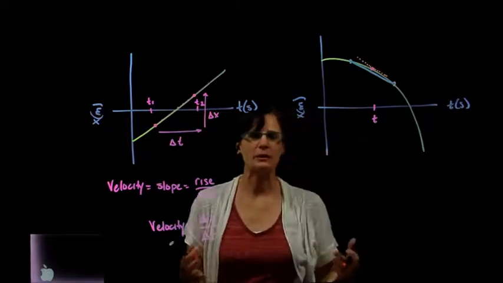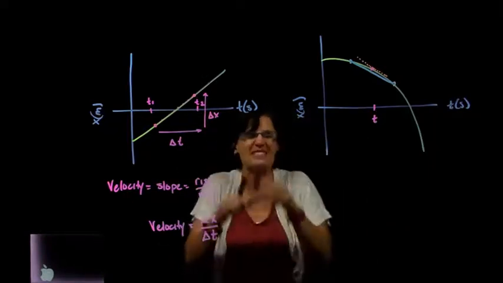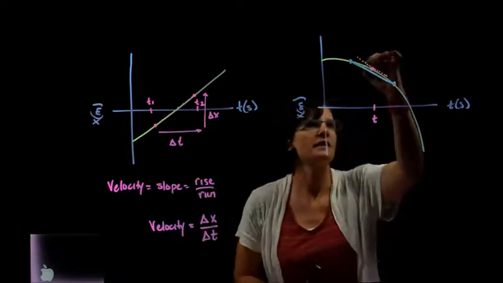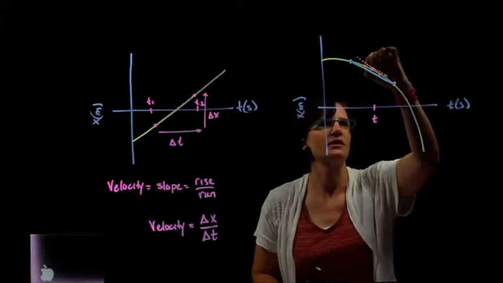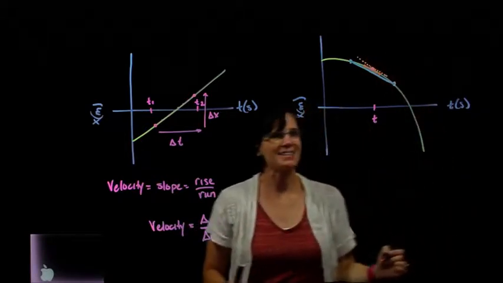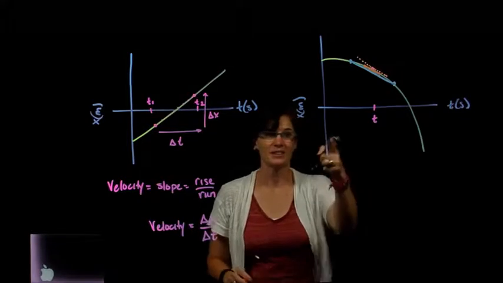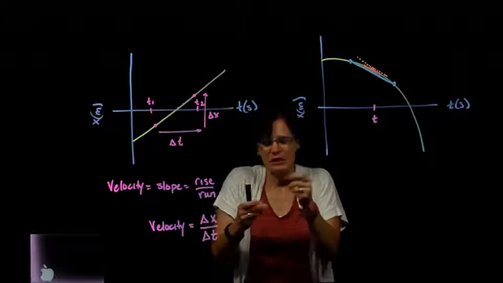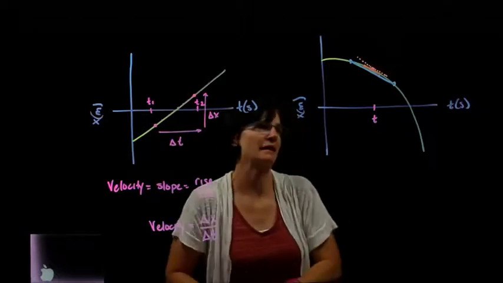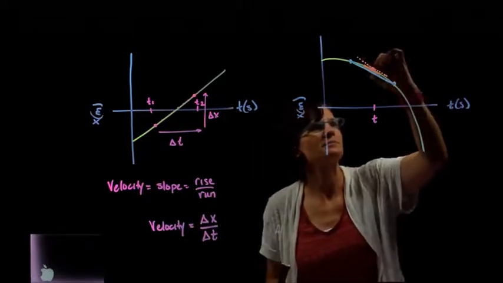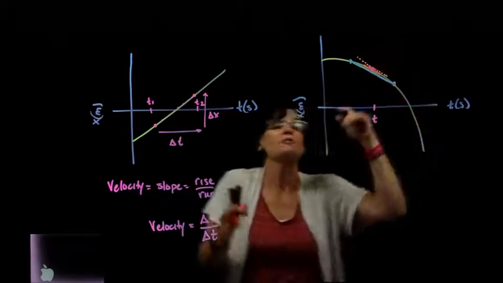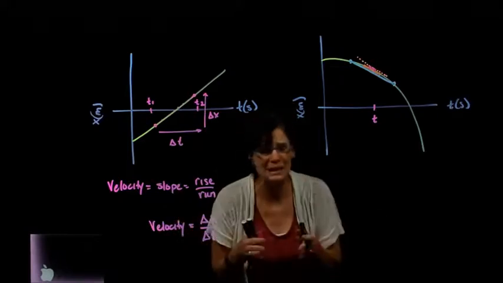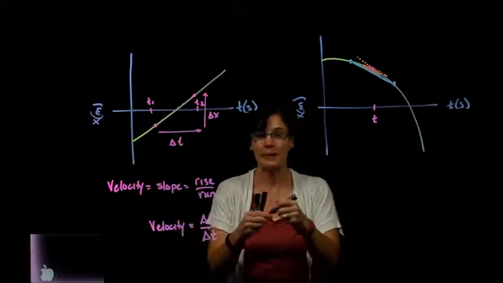Maybe I could sandwich it even smaller. Instead of these two wide points, what if I took two points closer together? Now that slope is starting to look like the slope at the tangent point. But I bet I could do even better. What if I took an even smaller sandwiching of that point in time, still crossing the curve at two spots, but really close together? I'm getting better and better.